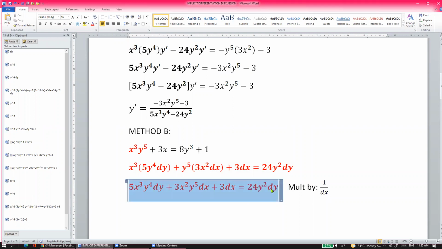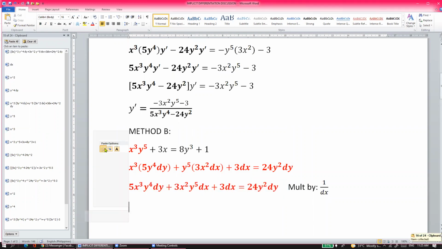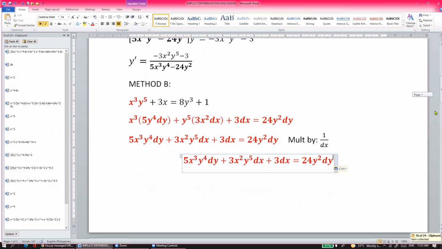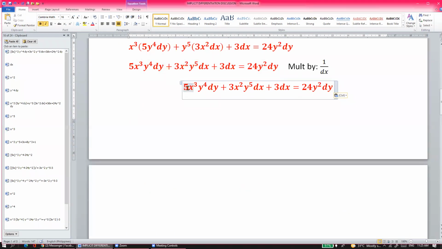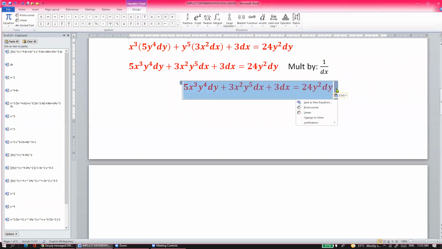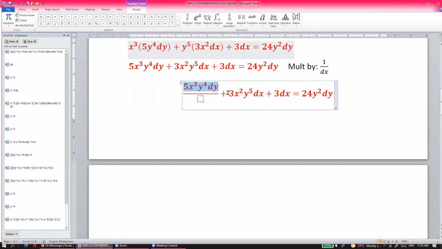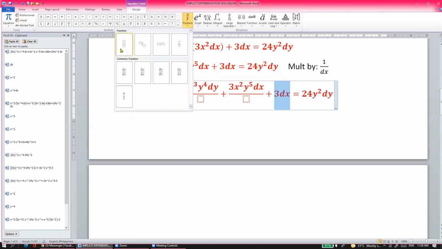Kapag na-multiply ko na ng 1 over dx, magiging ganito ang arrival dyan. Para lang malinaw, ganito ang transformation na aking gagawin para kitang-kita ninyo. Lahat ng mga term, gagawin kong fraction. Yan, fraction ko yan. Fraction ko rin yung pangalawang term, yung pangatlo, at yung pang-apat.